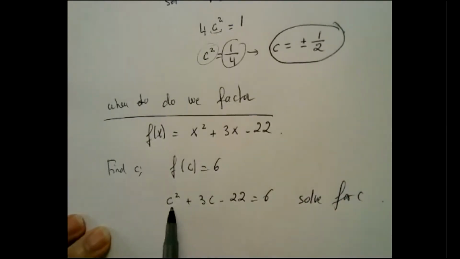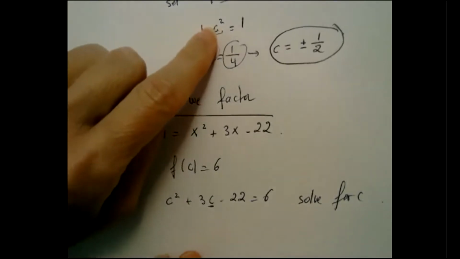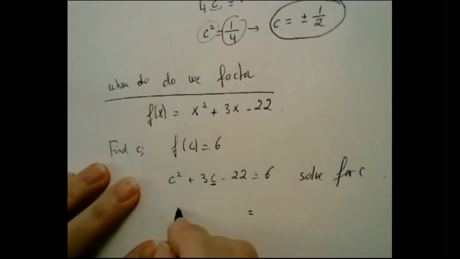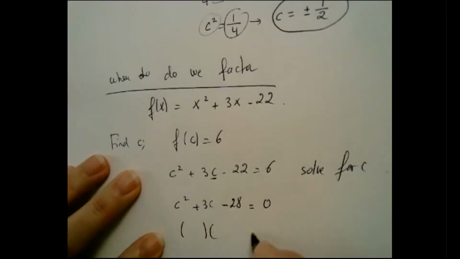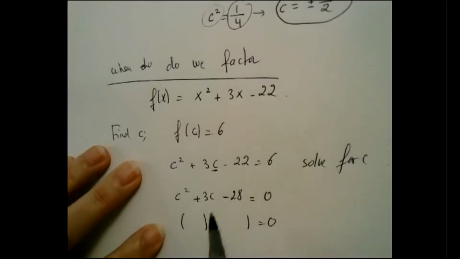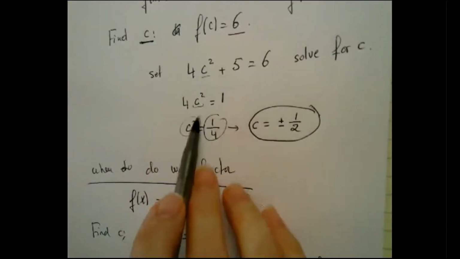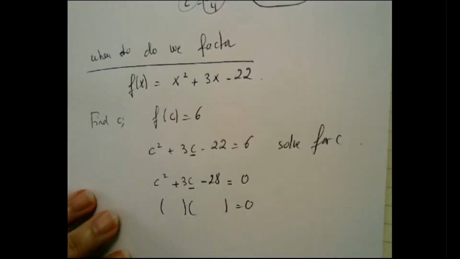Now watch carefully here. I have c. So in this case, I cannot isolate c squared. The problem doesn't work. So the only way here is to make this equal to 0 by bringing the 6 here, and you have to factor because I have a c. In the previous one, you could factor, but it's not necessary because you can isolate your c squared. However, here we cannot isolate the c squared because we have a c.